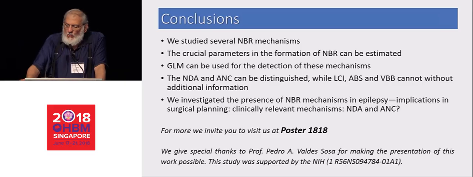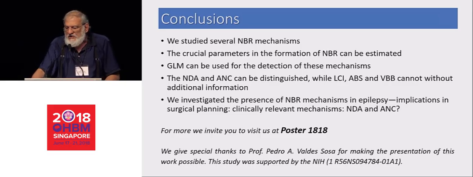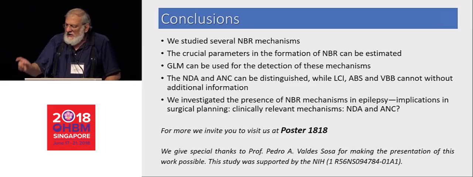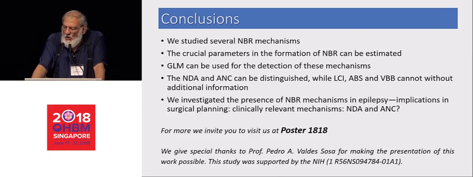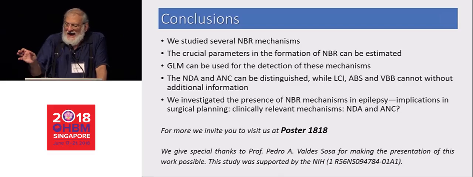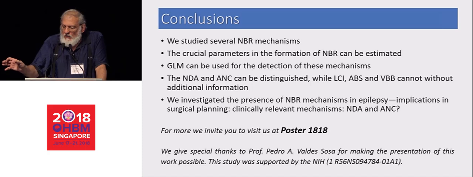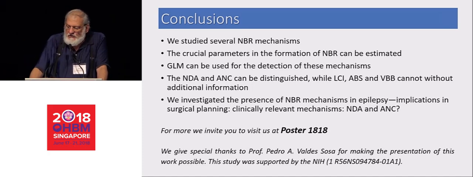We can distinguish quite well with quadratic discrimination the neural dysregulation, and also the lack of coupling between the metabolic and hemodynamic phenomena, while the lateral chiasmal inhibition, the arterial blood stealing, and the venous blood back pressure cannot be distinguished well at this moment, but require additional information in future work.